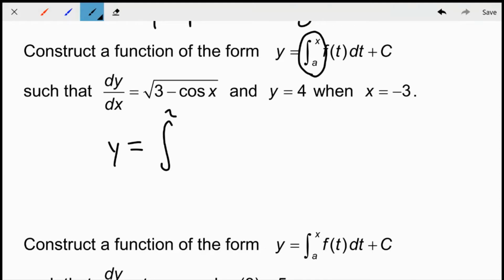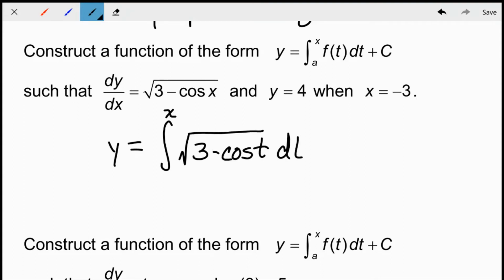So I'm going to leave that a out for a second, but also notice that it says f of t here. So f of t means I'm going to write my function in terms of t. And the reason we're doing that is t is what we call a dummy variable. It's essentially a placeholder, because when I evaluate this thing, I'm going to plug x in for t.